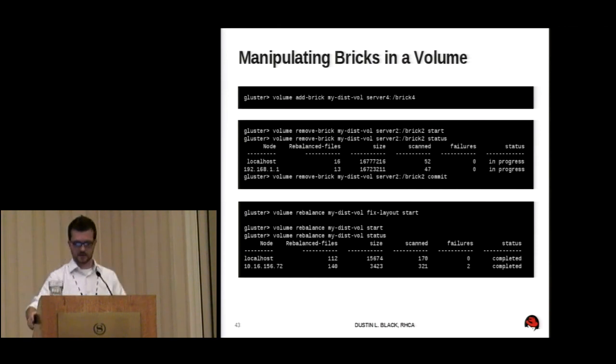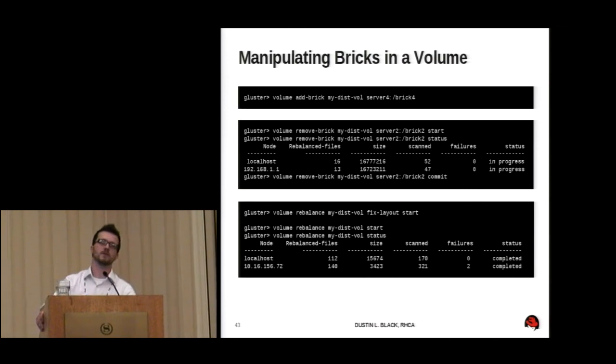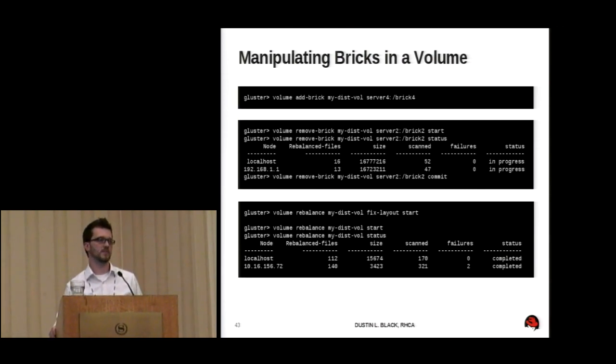So in the last little set down there, we see the volume rebalance command. So when I've added a brick to a volume, I now need to essentially reshape that volume so that that brick is available for use.